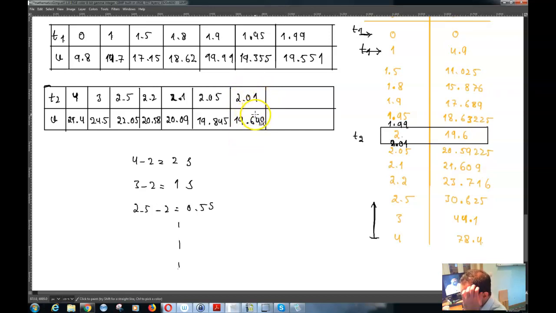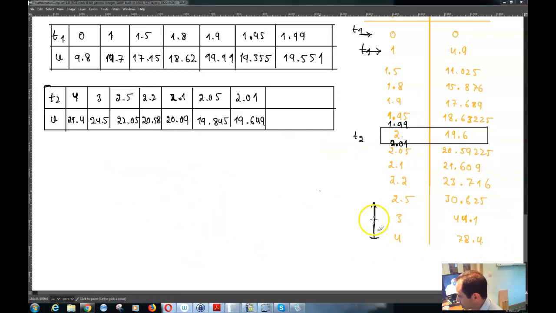And you can see that the average velocity over here becomes 19.649. Over here the average velocity on this side was 19.551. There is not much difference between the two.